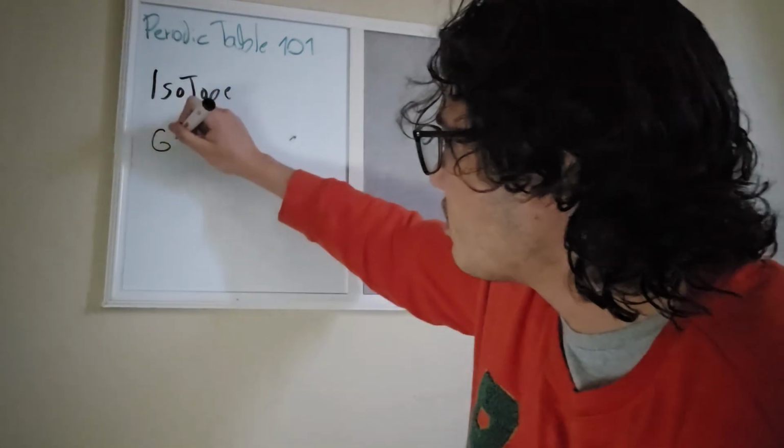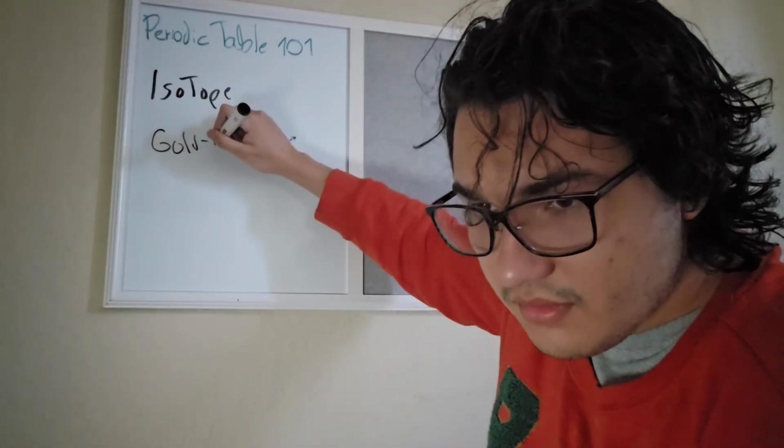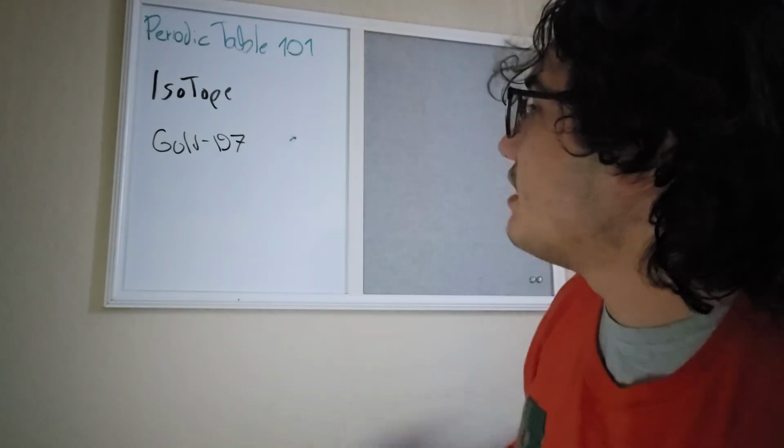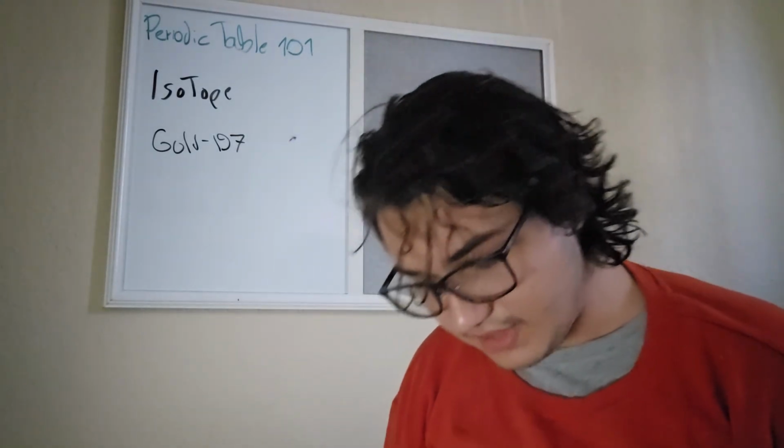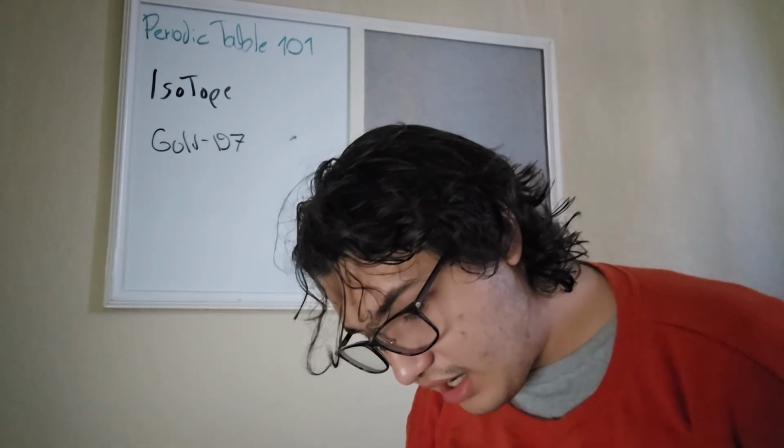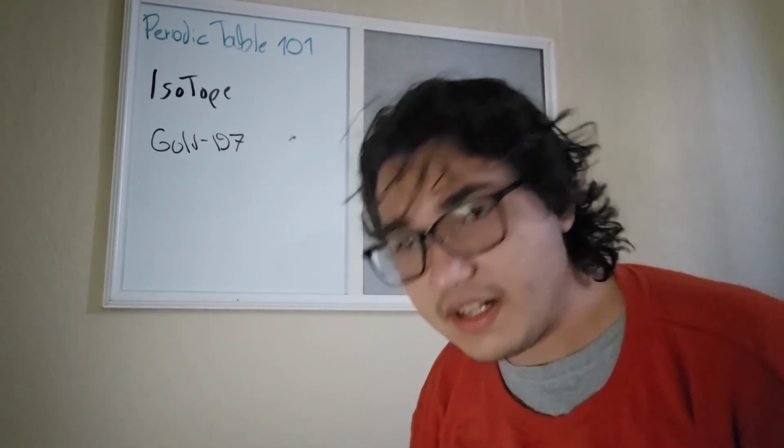Now, some elements don't have isotopes. For example, gold only has 197, or at least that occur naturally. That's why if you go to your periodic table, you'll see that the weight of gold is almost 197. It's very close.